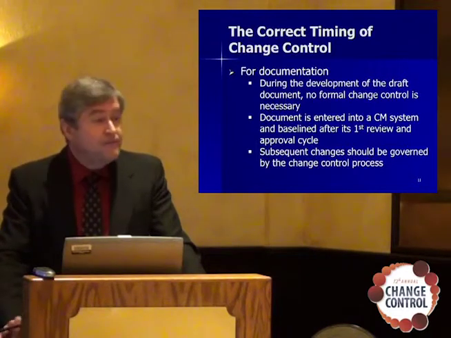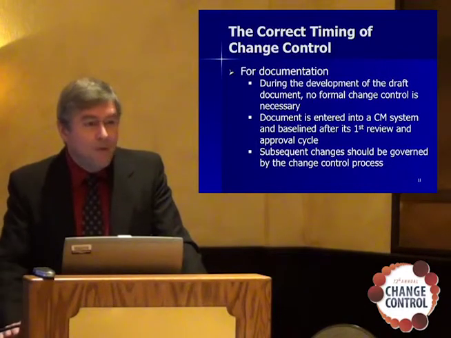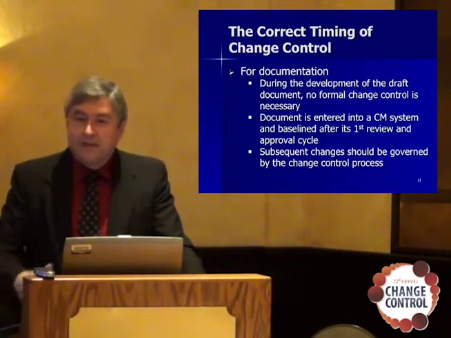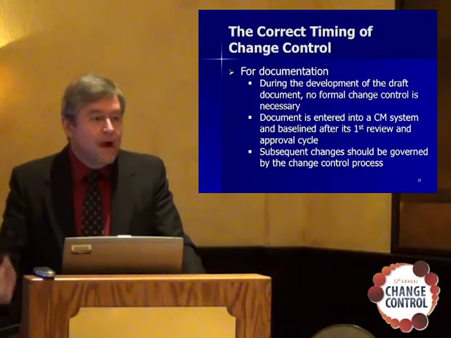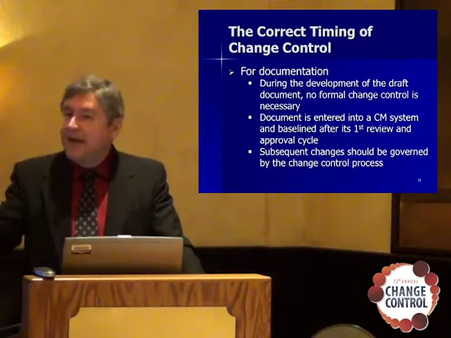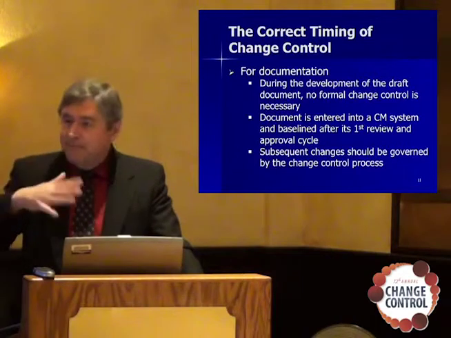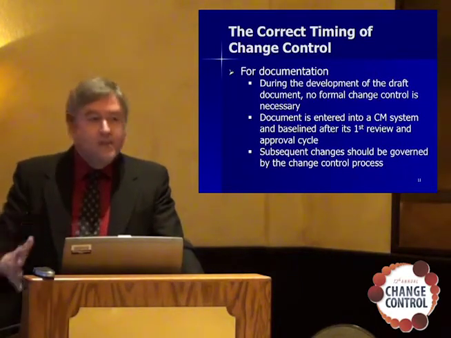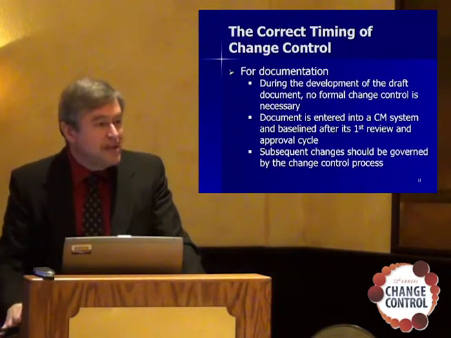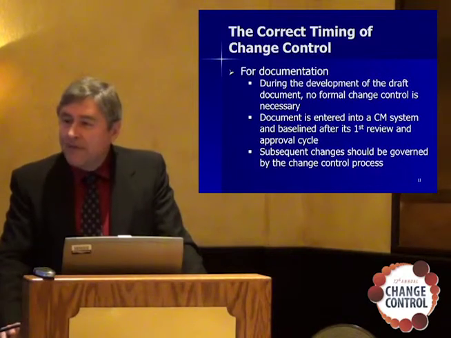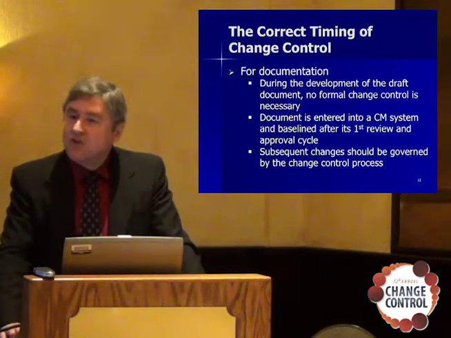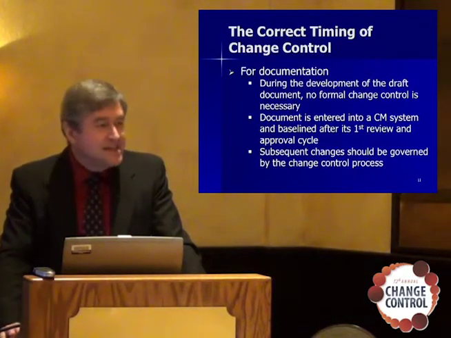As a team of maybe six people, one person's the author, he writes the first draft, sends it around for review, gets some comments, maybe has a review meeting, does some major wholesale changes. We generally don't impose any sort of formal change control on that process because it's so fluid at that point, it doesn't make sense.